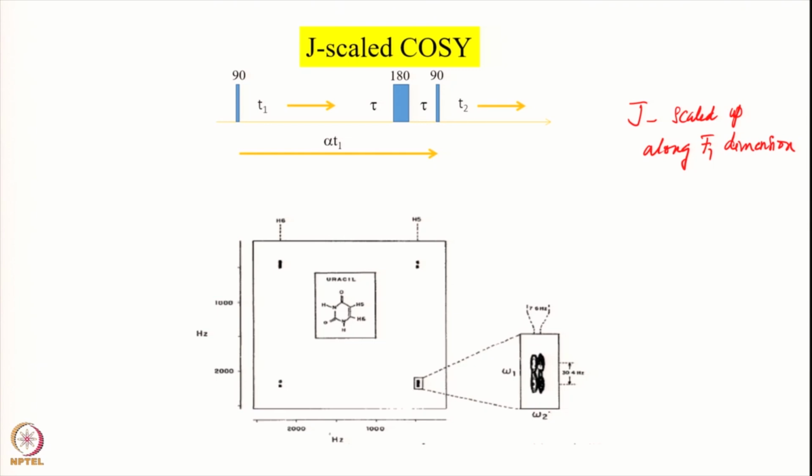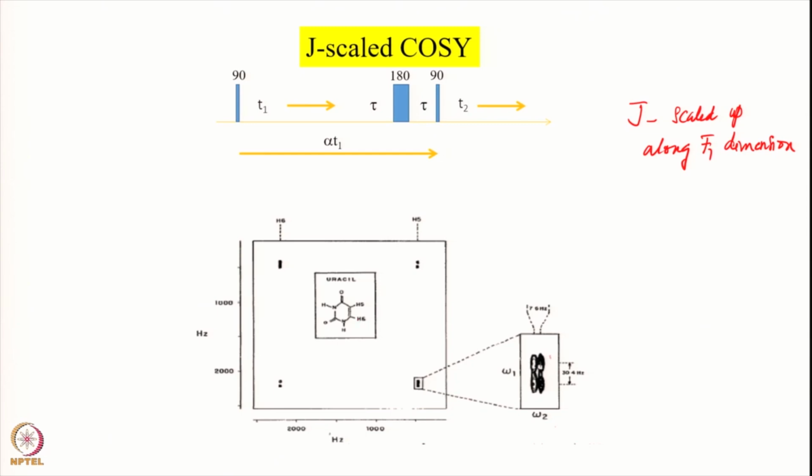The blow up of the cross peak is shown here. Along the omega 2 or the F2 dimension the splitting is 7.6 hertz, that is a normal coupling constant. Coupling constant between H5 and H6 is 7.6 hertz.